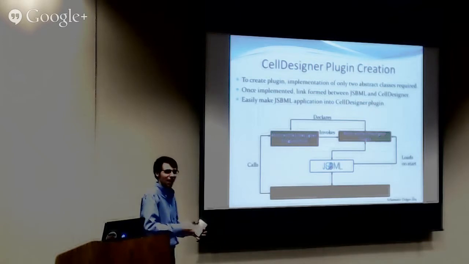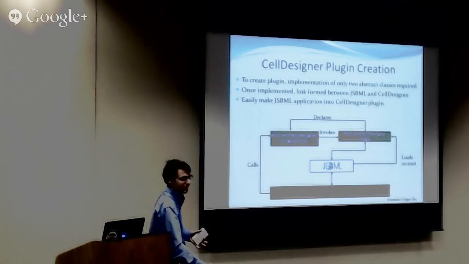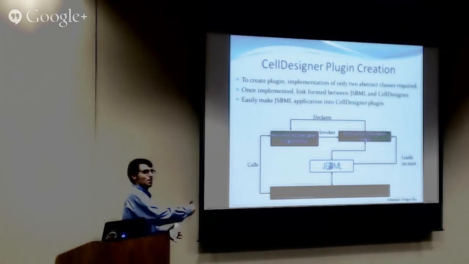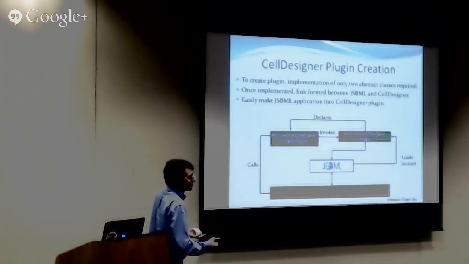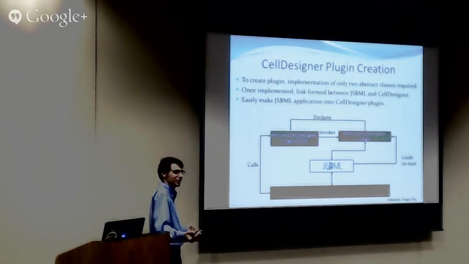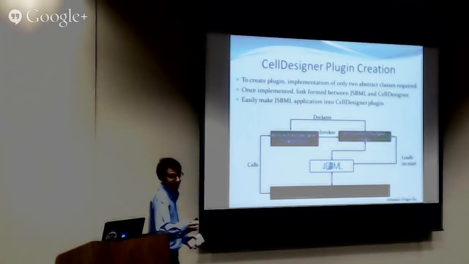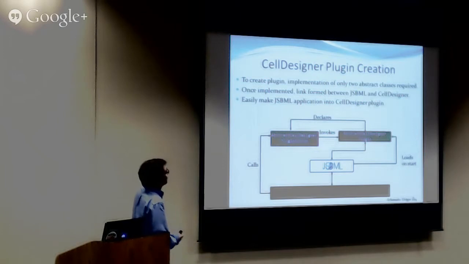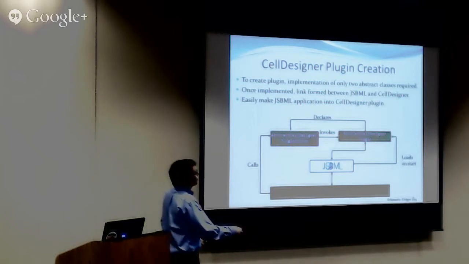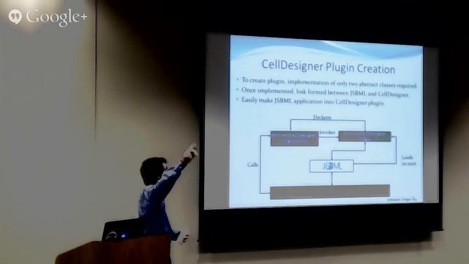So I've been talking a lot about plugin interfaces and plugins and plugin classes. This really begs the question of how a user of JSBML can create a plugin in CellDesigner. It's actually very easy. All a user of JSBML has to do is implement two abstract classes.